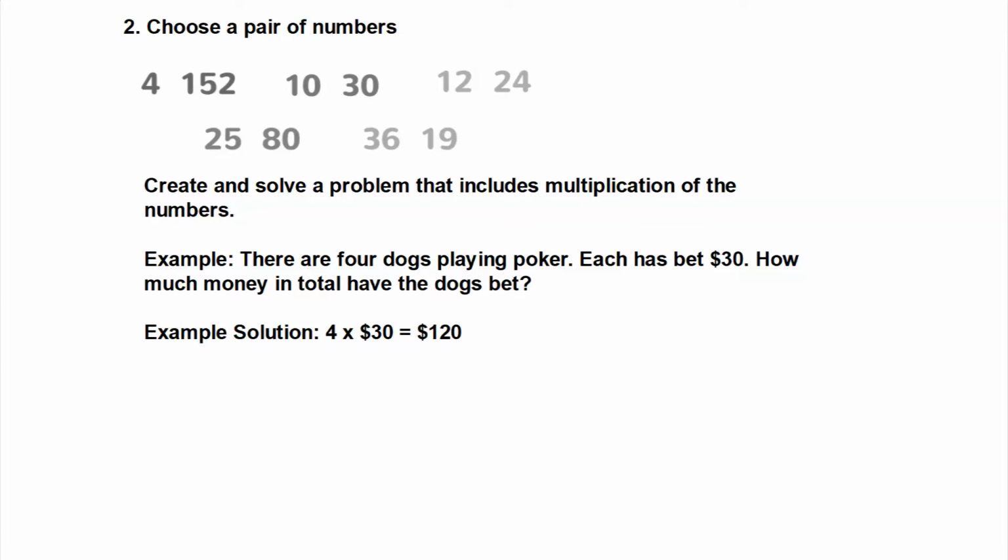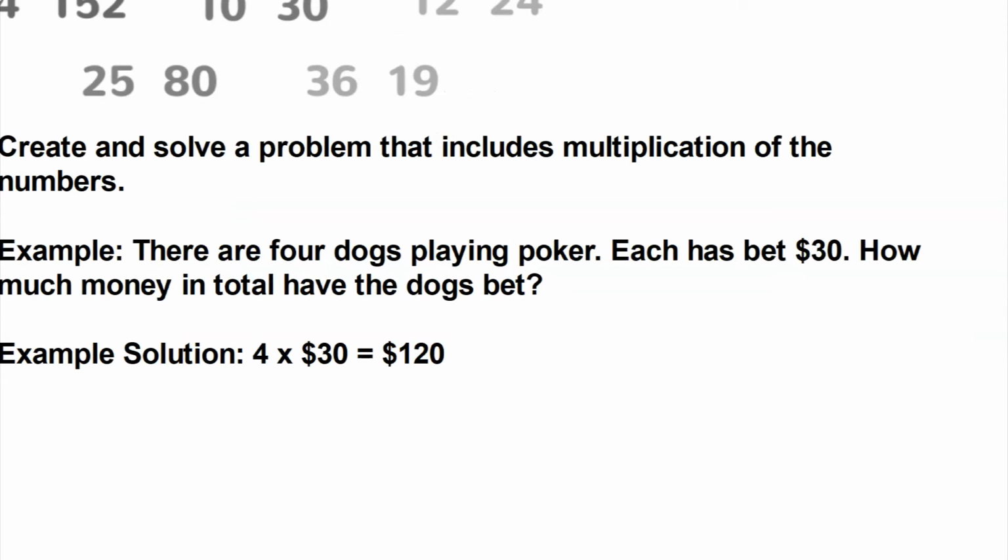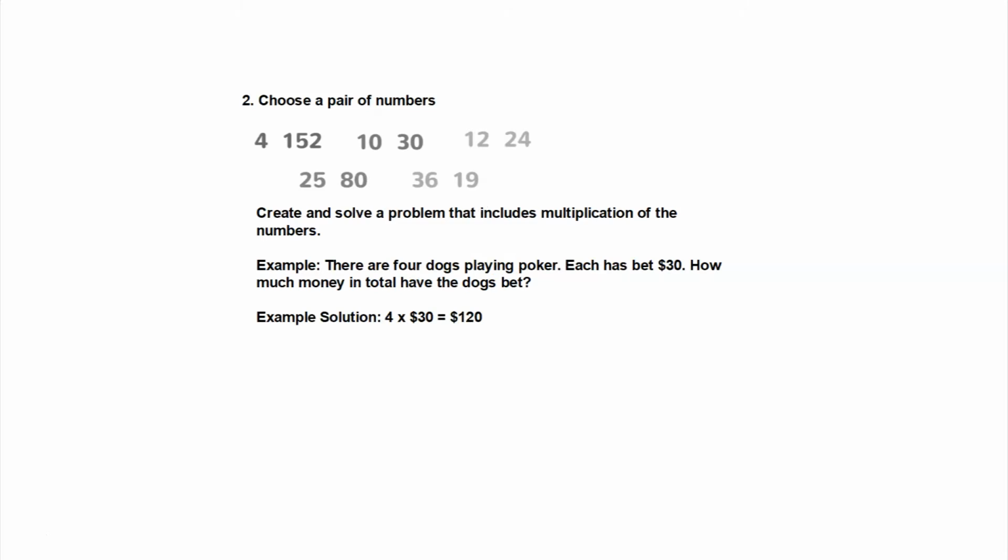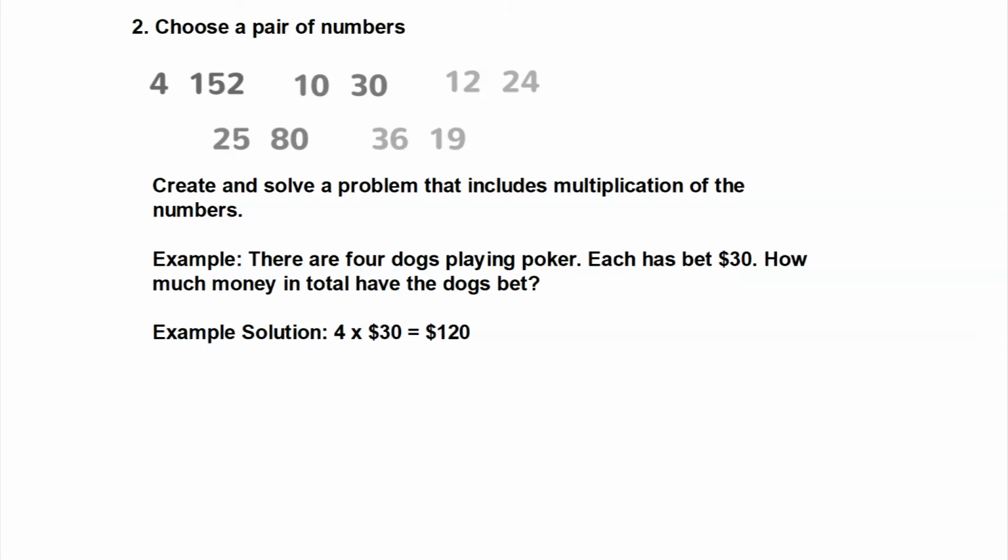So now, try this on your own. Choose a pair of numbers, and then create and solve a problem that includes multiplication of the numbers. As an example, there are 4 dogs playing poker, so we've chosen the number 4, and they each bet $30, so we're using the number 30.